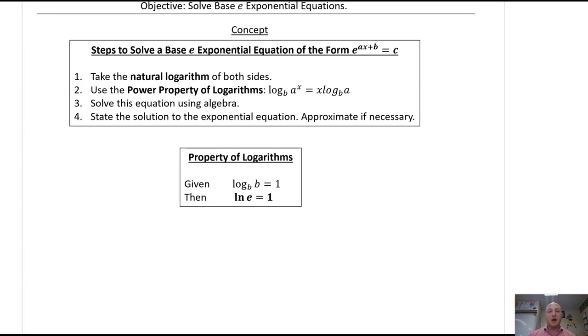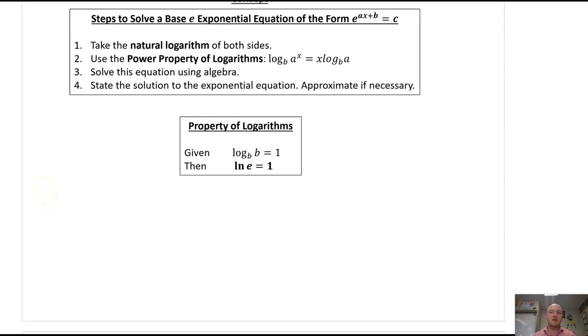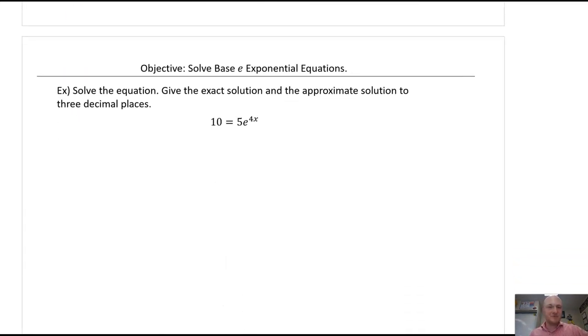After that, we can use the power property to pull any powers that we might have inside logarithmic arguments, and then we will use algebra to solve the equation. Lastly, state the solution. Again, reminder of the property of logarithms, that log base b of b is 1. We're going to be using that idea today.